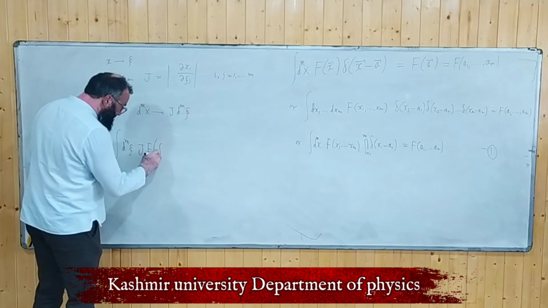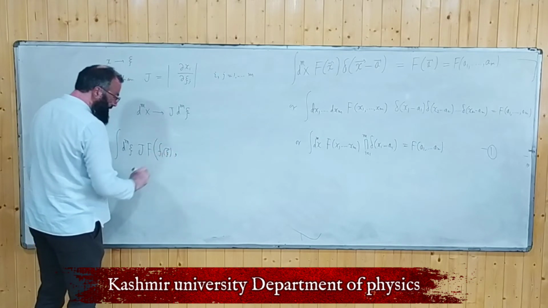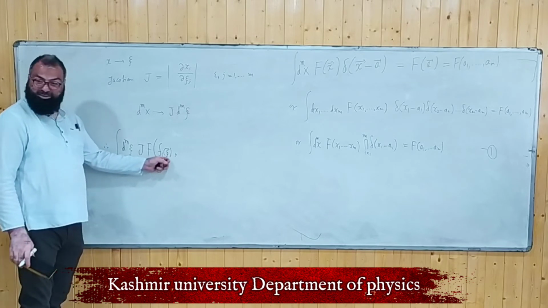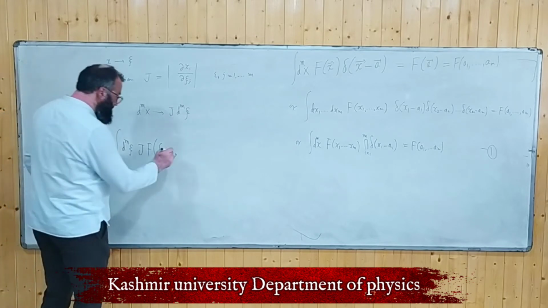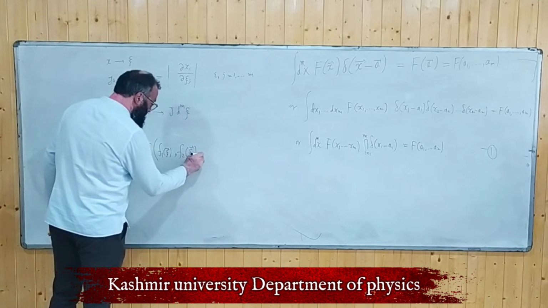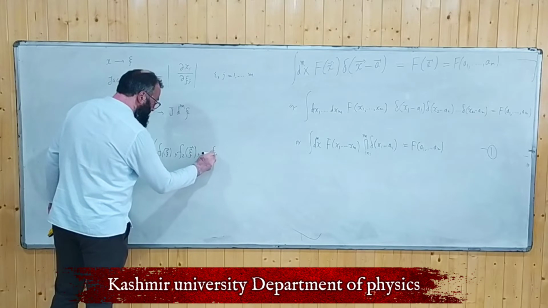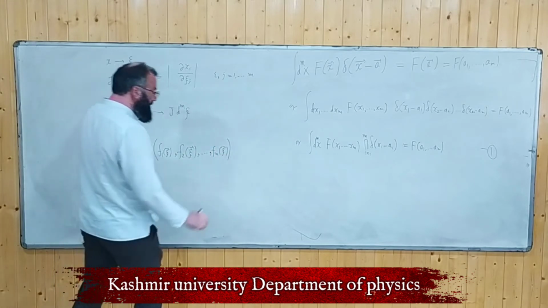I will write it simply as f1 of zeta vector. I will not put zeta 1, zeta 2 and so on. So it is a function of zeta. What about x2? f2 of zeta, through fm of zeta.